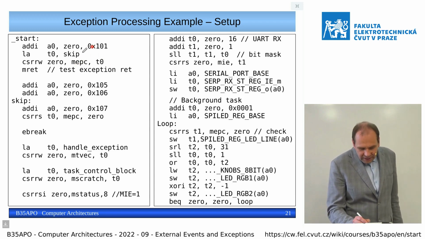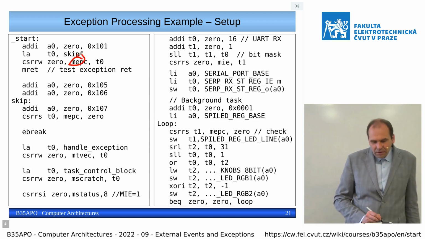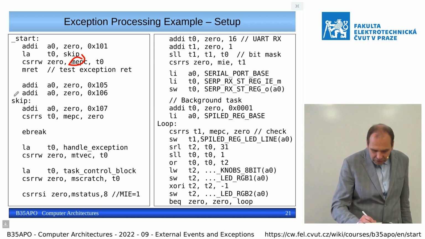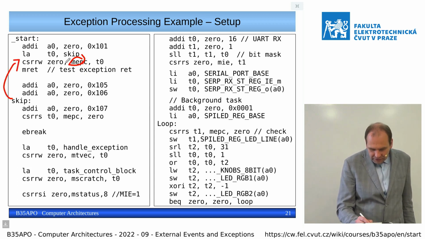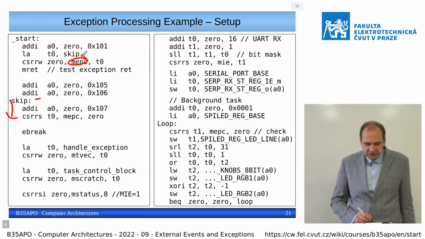So in this case, we can set the exception PC to some address. So we load the address of this label in the program, and then set it to the machine exception PC.